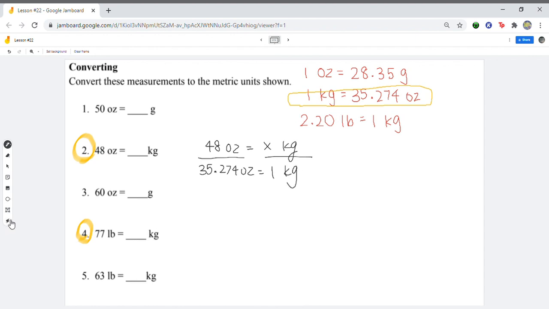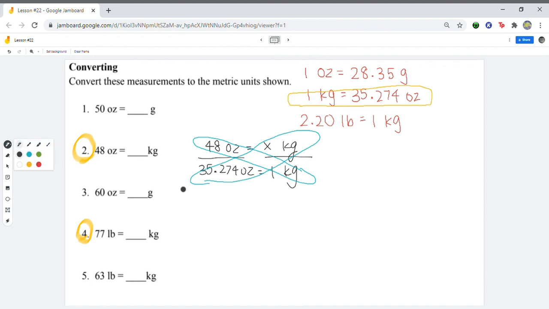You'll notice that when I'm placing these numbers down, the ounces are on top of each other, the kilograms are on top of each other, and this row is horizontally aligned together like this. Keeping that in mind, I'm now going to do something called cross multiply. That's when you multiply diagonally like this, which forms an X. So it's called cross multiplying.